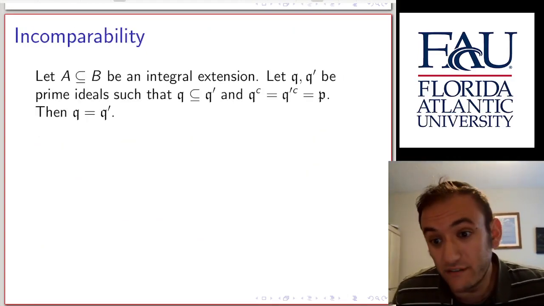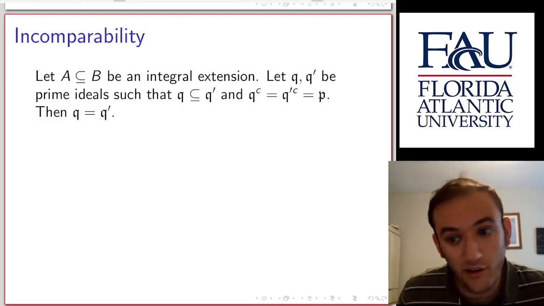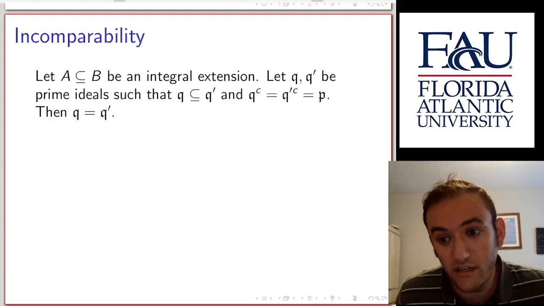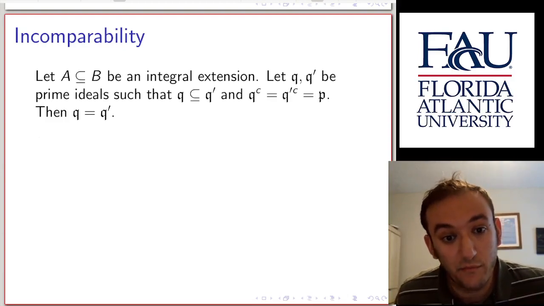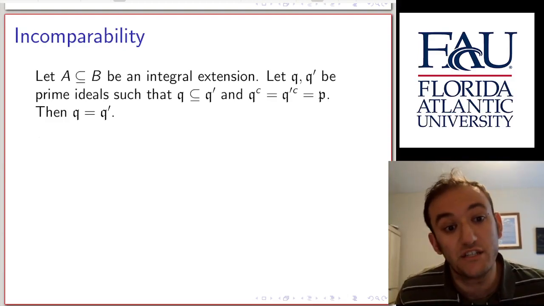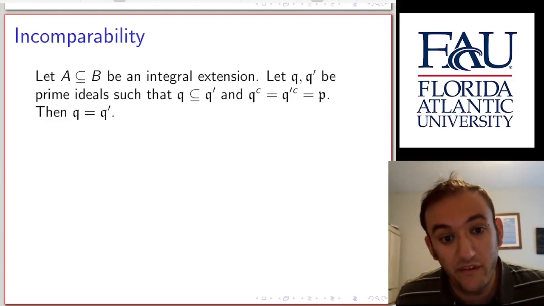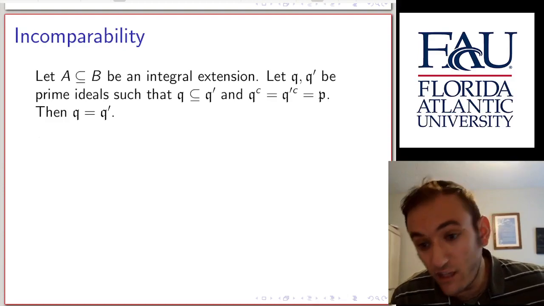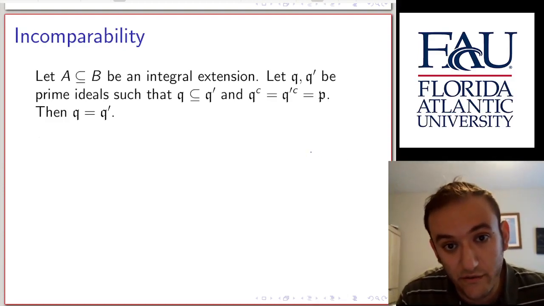Now we have a result called incomparability, which is often brought along with the Lying Over theorem, that if we have A and B an integral extension, and we have Q and Q prime, prime ideals of B, such that Q is contained in Q prime, and their intersection with A is P, then Q is equal to Q prime. Okay, so quick picture here.